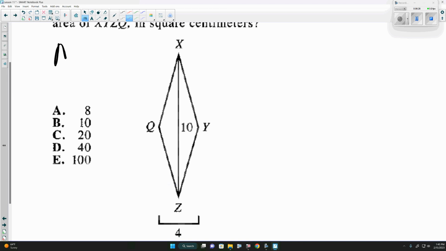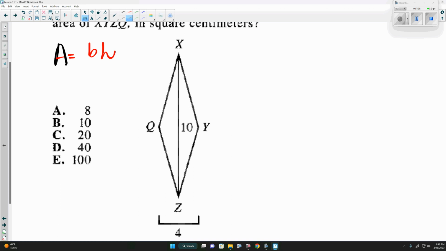It works out that the area formula for a rhombus is base times height, because a rhombus is a 4-sided figure with all sides congruent. So really we're just multiplying those two lengths together. It's going to be D, because our two measures are 10 and 4. Let's make sure.